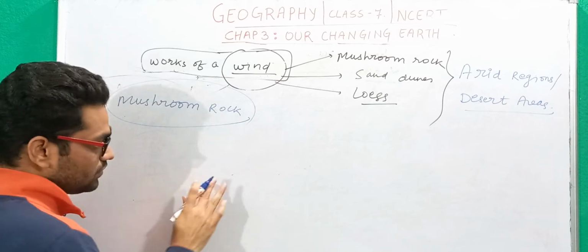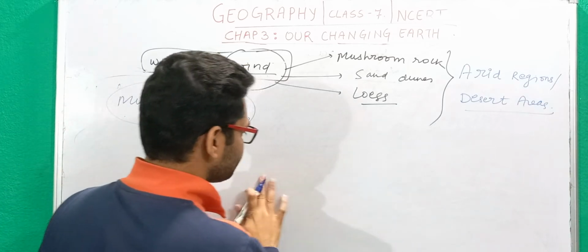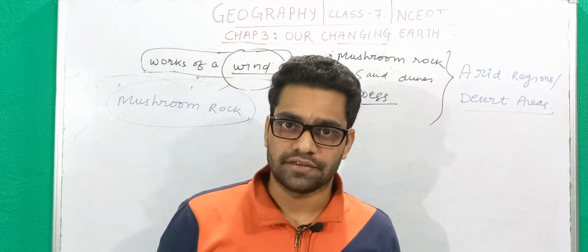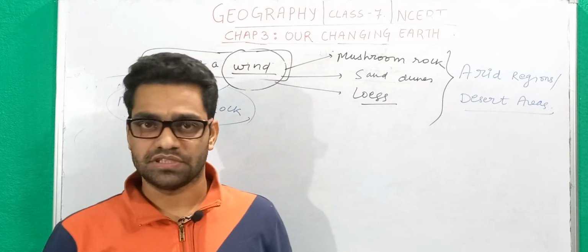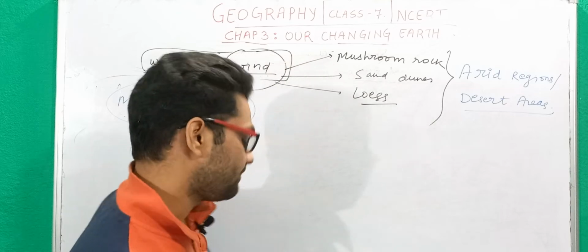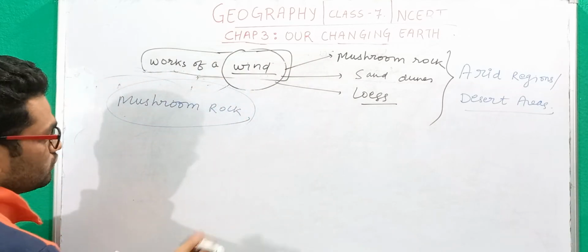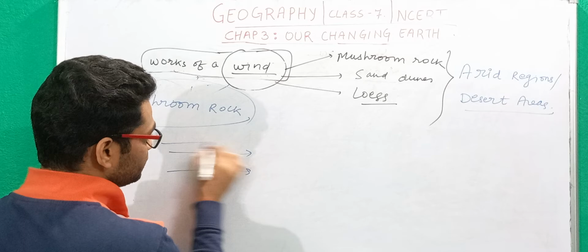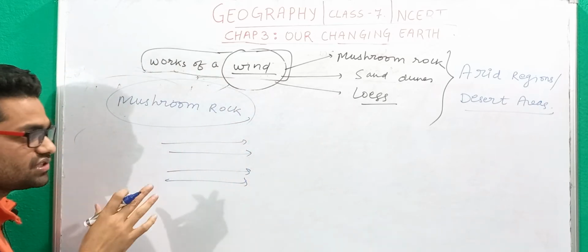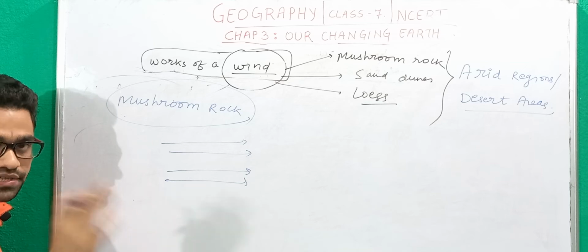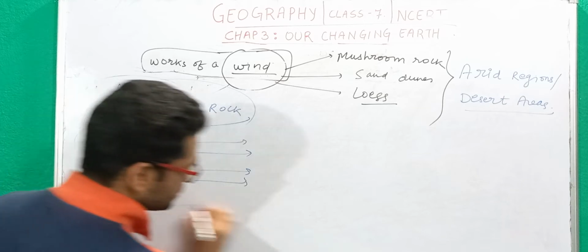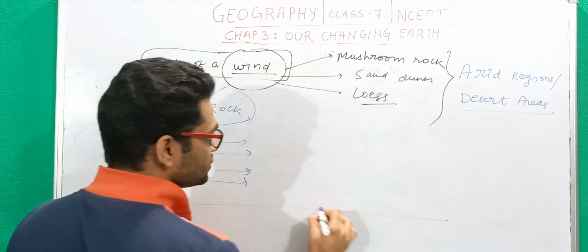You see the wind speed in desert area is quite high. And why is this speed high? Because of the simple reason that the temperature there is very high. When the wind flows in the arid regions or the desert regions, the wind along with it carries a lot of smaller particles. Suppose this is the ground and here is a rock.